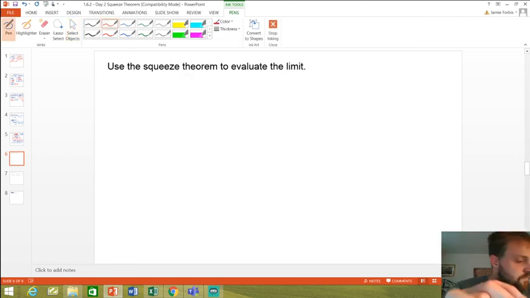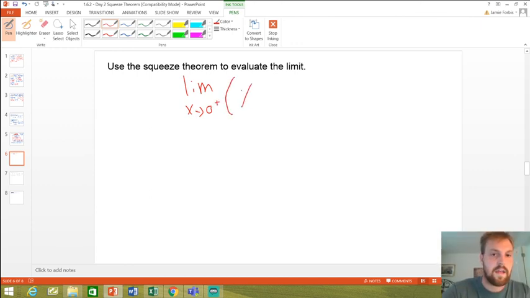Here we got the limit as x is approaching 0 from the right of x to the 1/2 times e to the sine of pi over x, boom.